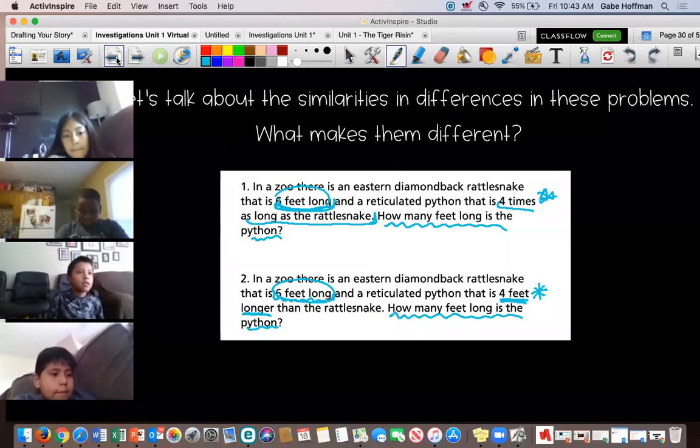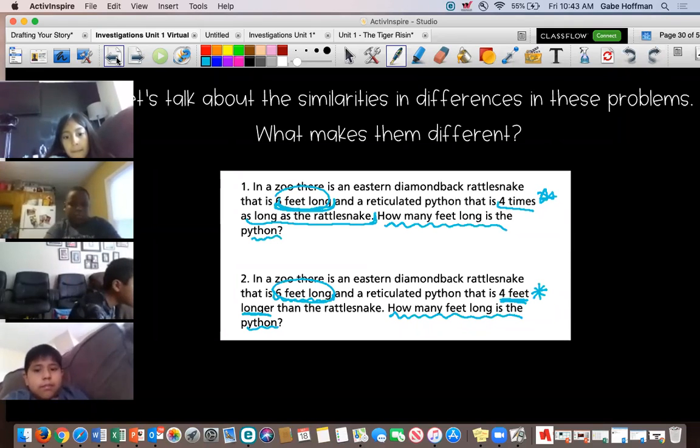Pay close attention to that difference in language that Ms. Weibel talked about on number 1 and 2. That's why we left up the ones that are underlined. Pay close attention to the difference in language on the 2.